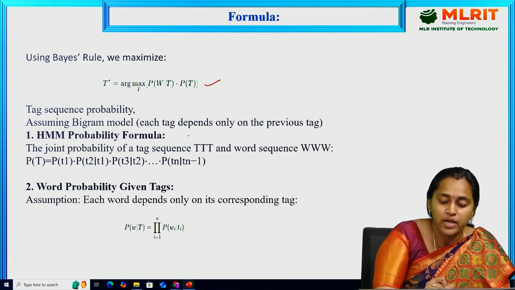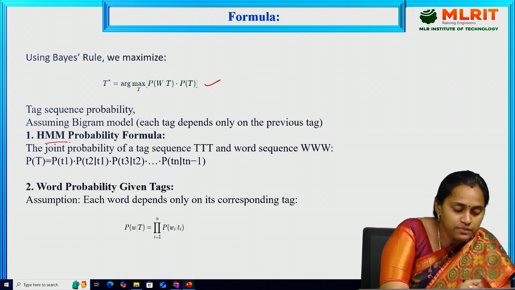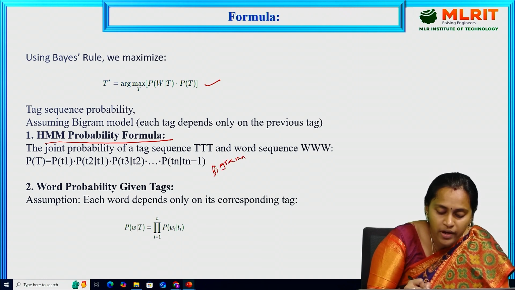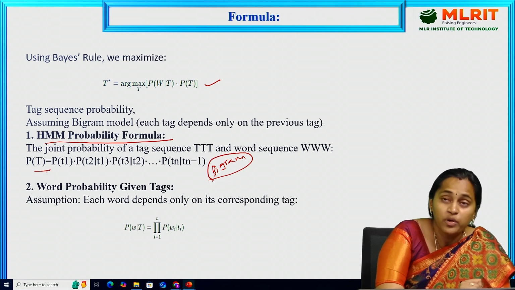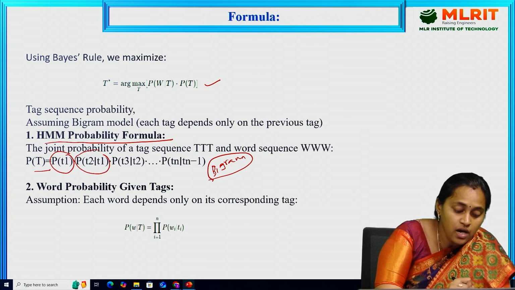Assuming the bigram model, which depends on the previous tag, the HMM probability formula for P(T) applies the bigram model. Try to understand the point here. P(T1) is the probability of the first tag. P(T2 given T1) is the probability of T2 given the previous tag.